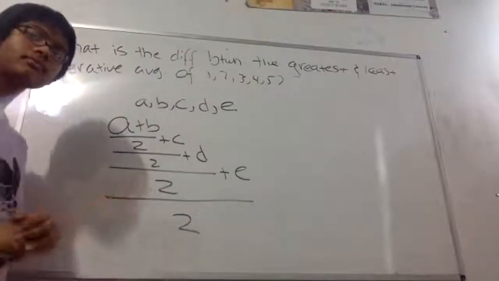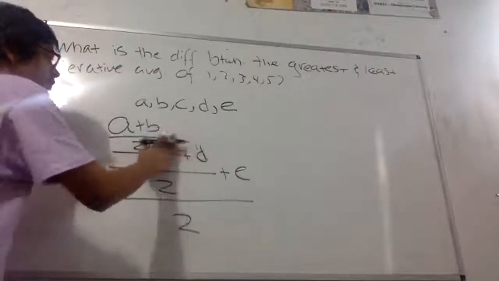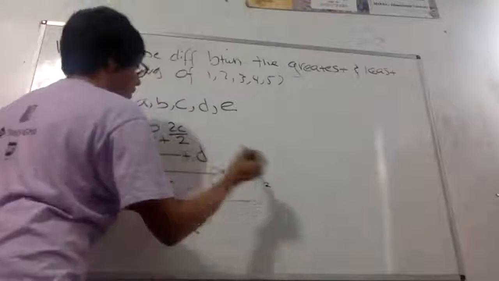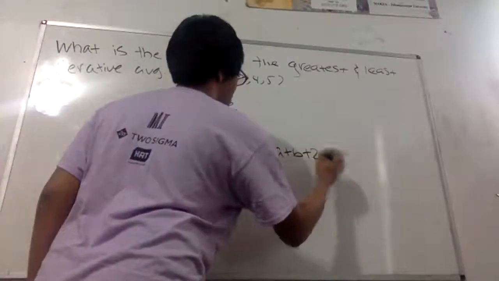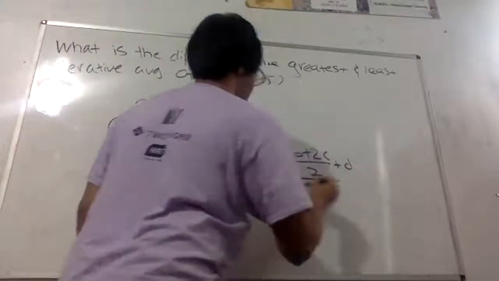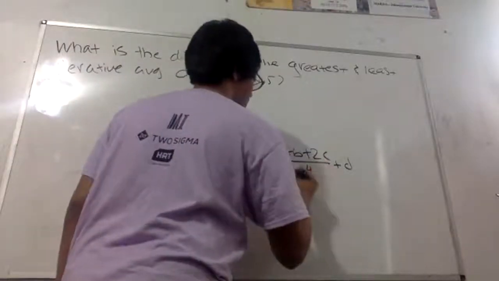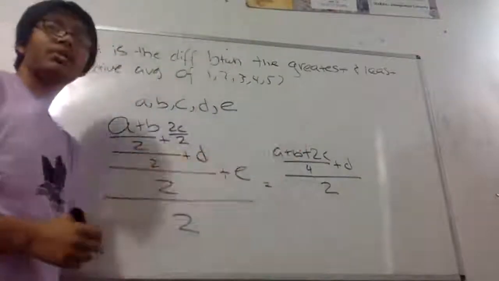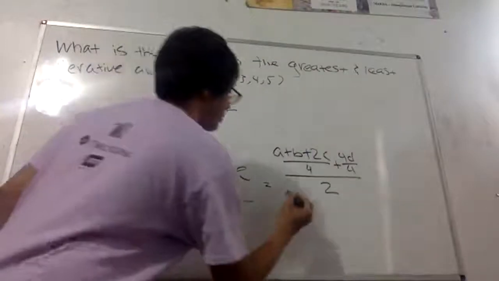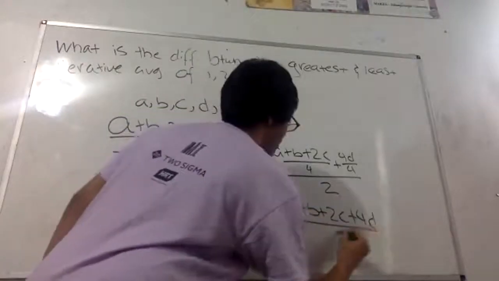So all we have to do right here is find common denominators. So instead of C, we write 2C over 2. So this simplifies to A plus B plus 2C over 2, plus D, and this will simply become A plus B plus 2C over 4, plus D. Now we're going to make a common denominator with the D, so we have 4D over 4. So now this will simply become A plus B plus 2C plus 4D over 8.